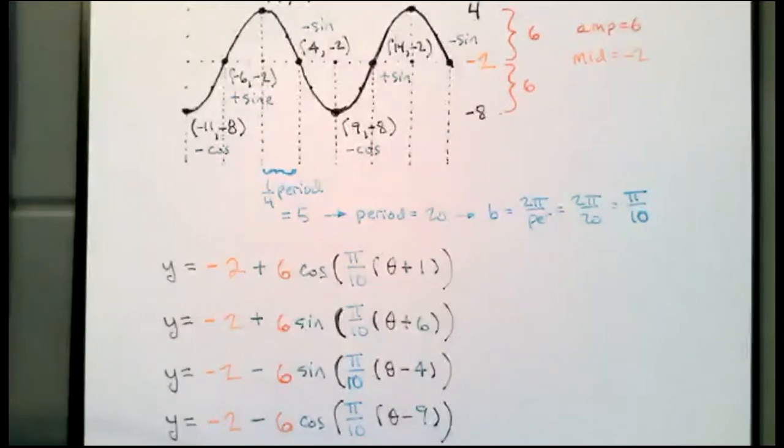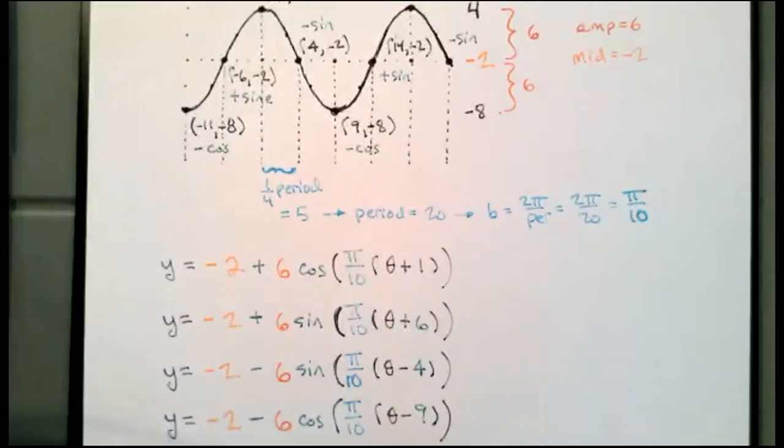So the choice of cosine versus sine and positive versus negative. We have four choices, right? Cosine, sine, positive, and negative. That depends on where we're getting our horizontal shift. Is that horizontal shift at the bottom, the top, the middle going up, or the middle going down?